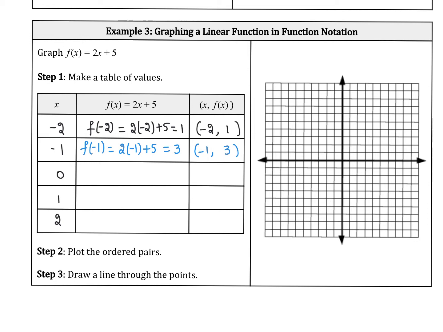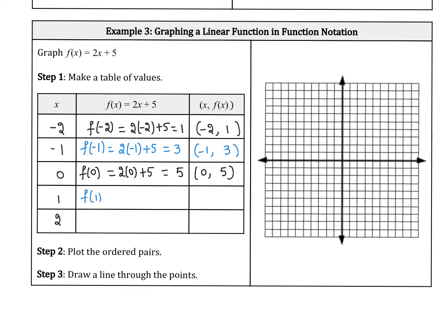Next we're going to put x as 0. So f of 0 equals 2 times 0 plus 5. So 0 plus 5 is 5. That's 0, 5. Next we are going to use x value as 1.